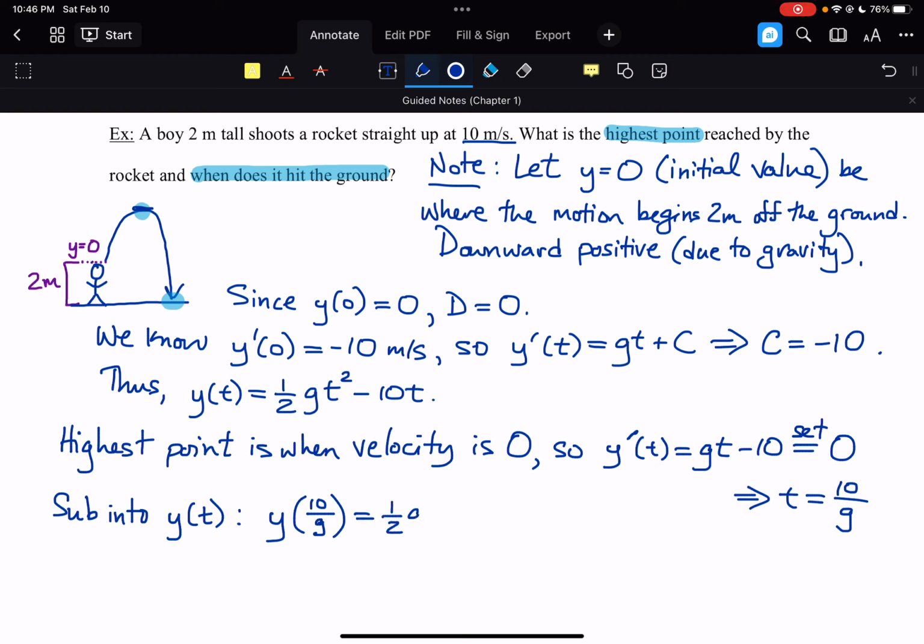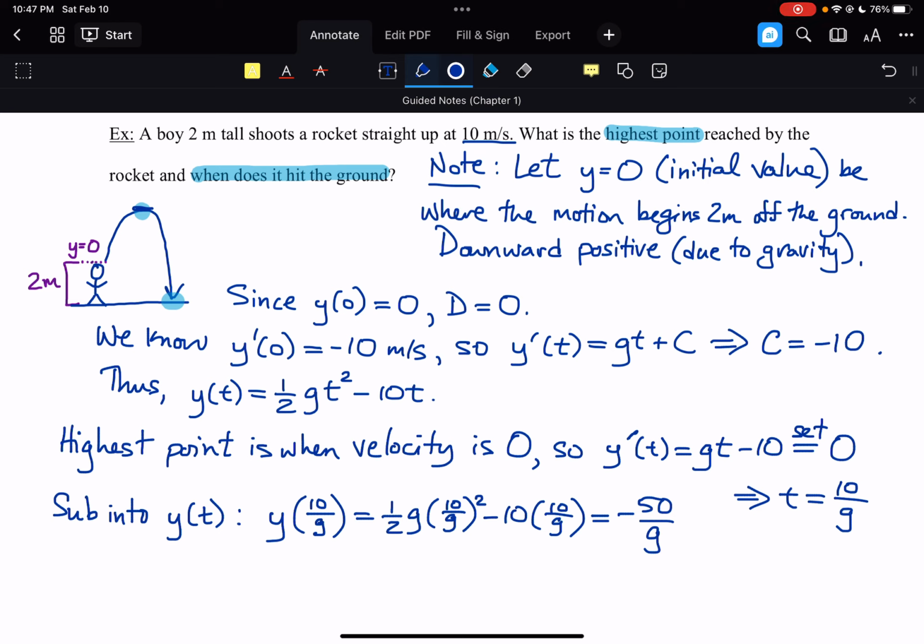So that's 1/2 g times 10 over g squared minus 10 times 10 over g, which when you combine all of that together and simplify, you get negative 50 over g. So the highest point, this is the position that we get, negative 50 over g.